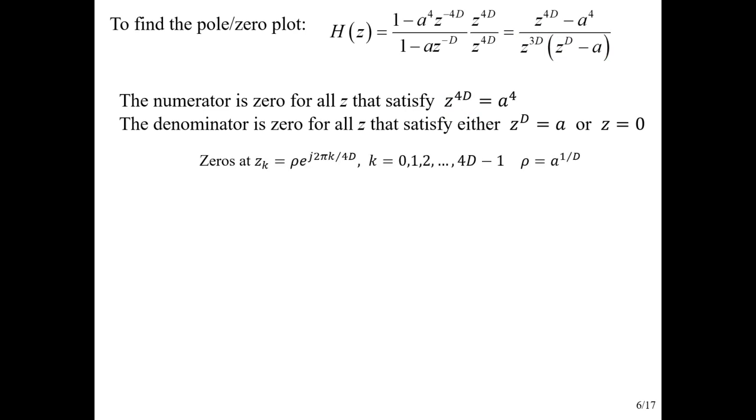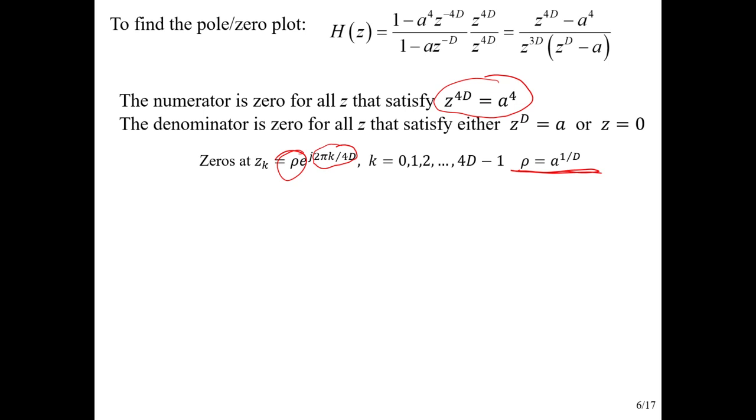Okay, so looking at that, we can say, well, here's our zeros. They're going to be numbers that satisfy that. And so it's going to be a rho, which is the 4dth root of a, and then the angles of the complex part of this in polar form ends up being 2 pi k over 4d.